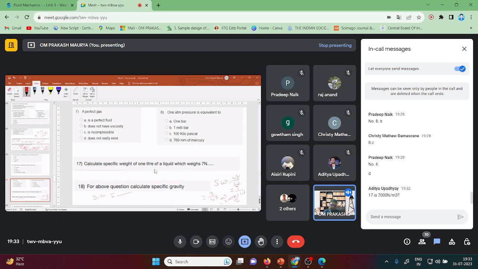Just for a hint, the specific gravity is the ratio of density of any fluid, or you can say the specific weight of any fluid, divided by the specific weight of the standard fluid. Okay, please anyone write the answer.